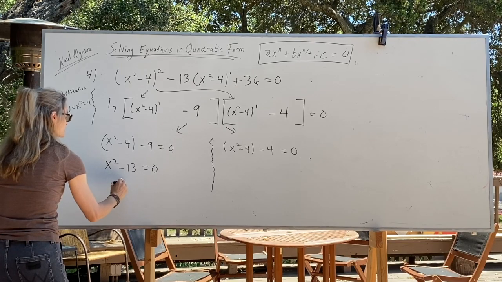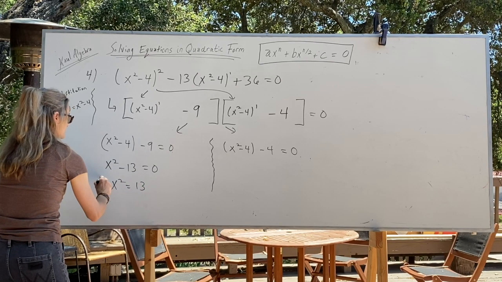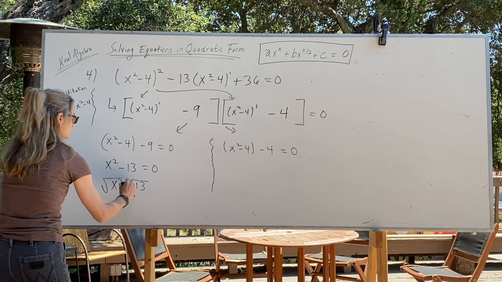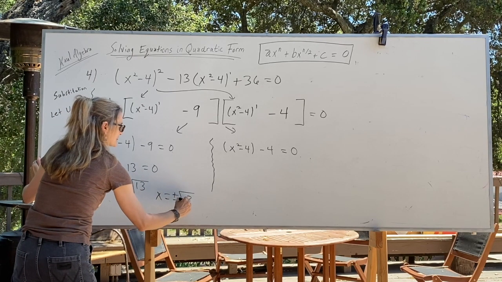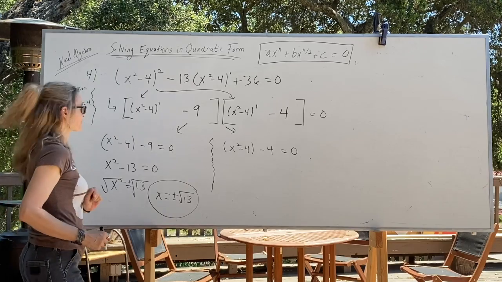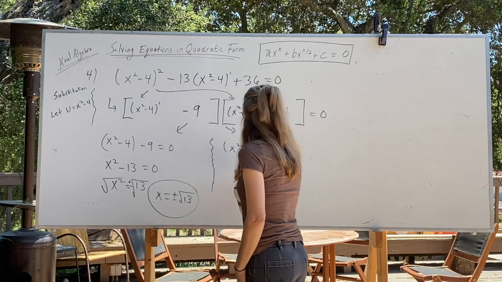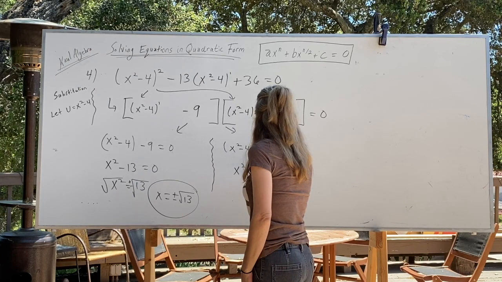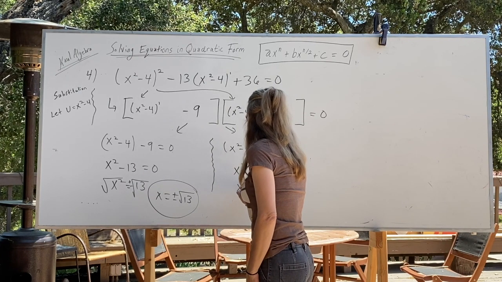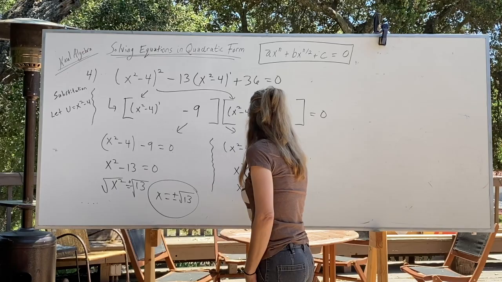And now I solve each factor, and I get x squared minus 13 equals 0 here. X squared equals 13. Take the square root of both sides, and I get x equals plus or minus the square root of 13. Okay. On this side, I get x squared minus 8 equals 0. And then I'm going to square root both sides.